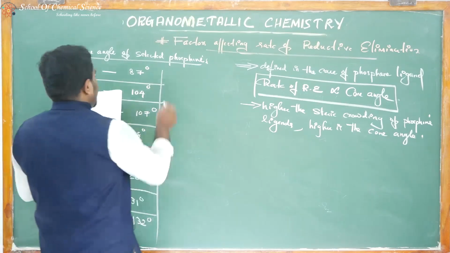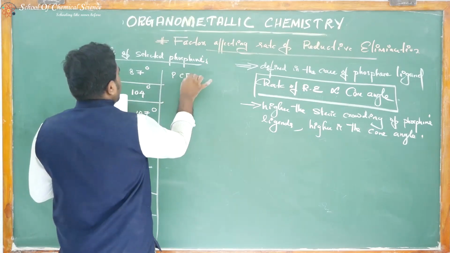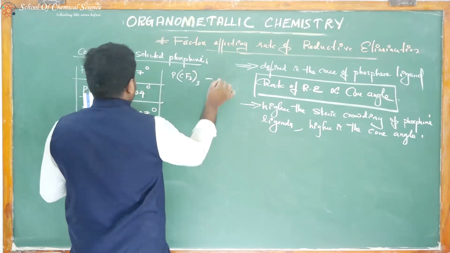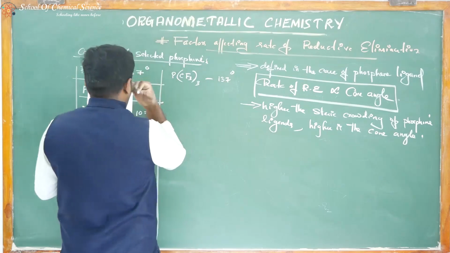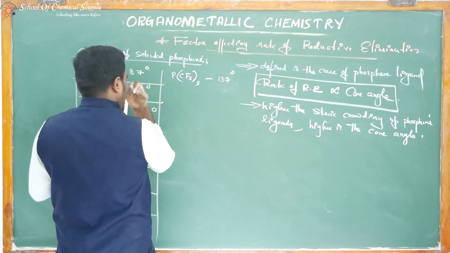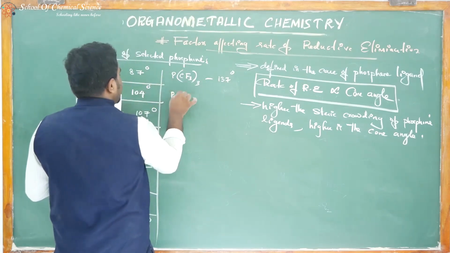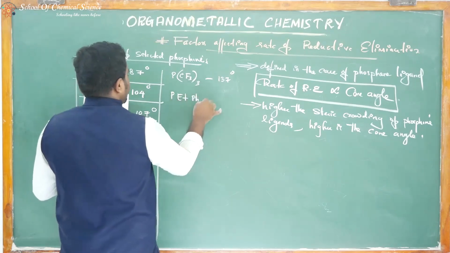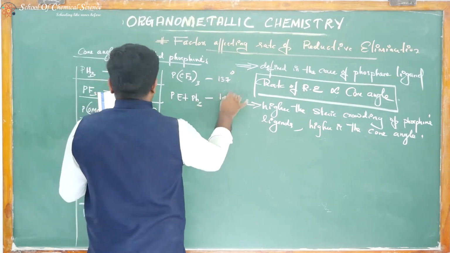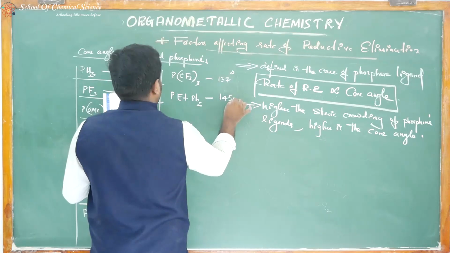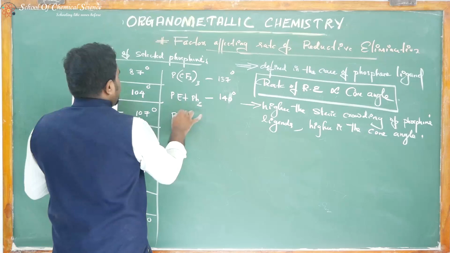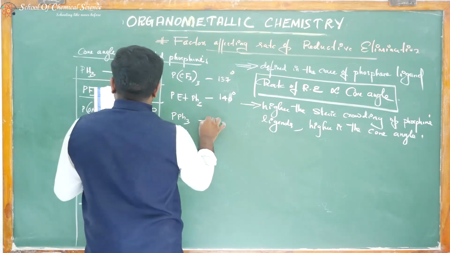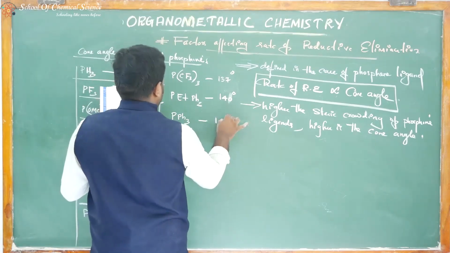Then P(CF3)3, cone angle 137 degree. PEtPh2, 140 degree. PPh3, 145 degree.